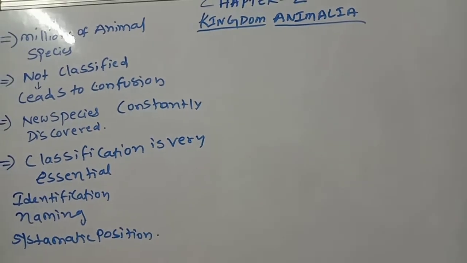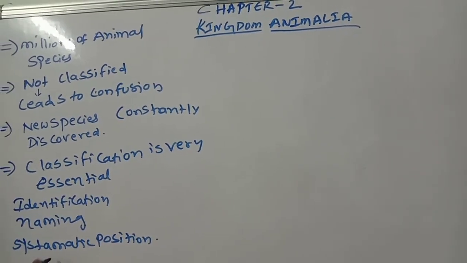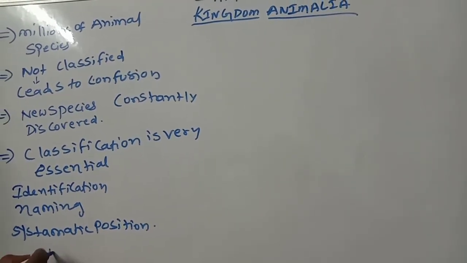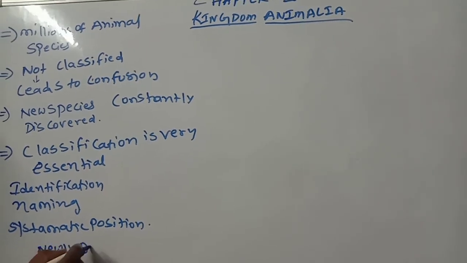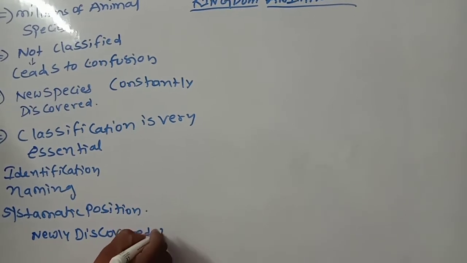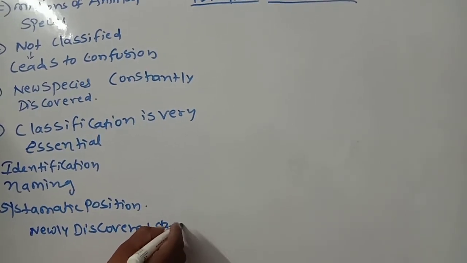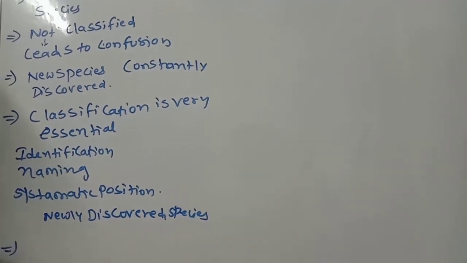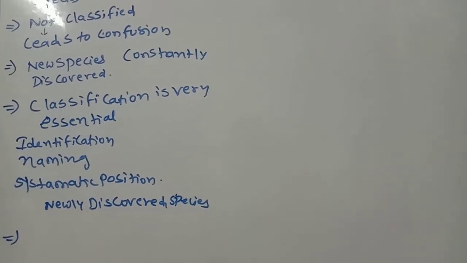About newly discovered species, where should I keep them in the hierarchy? All these things are compulsory, and we should remember them.